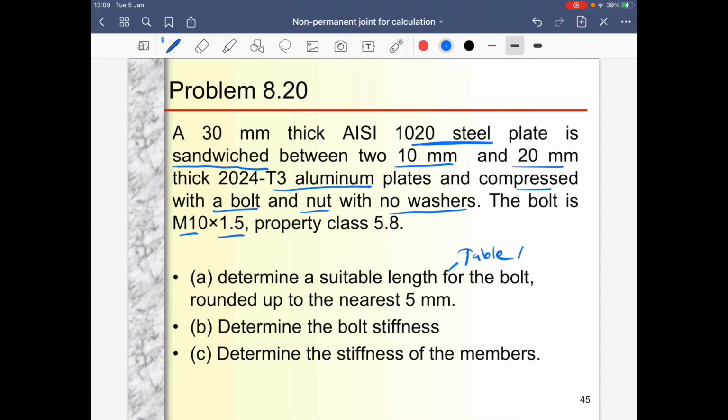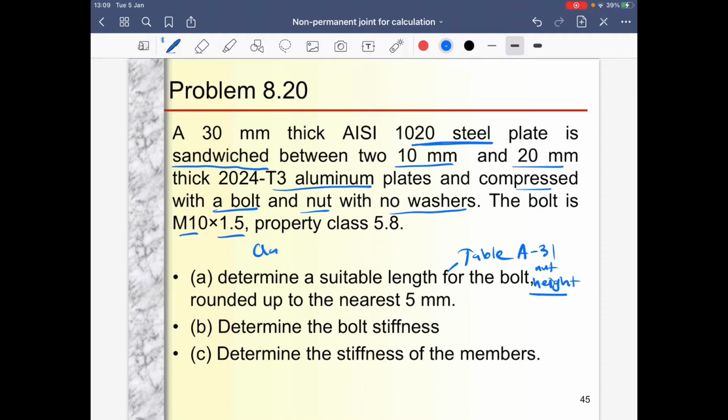table A31, and then you may see the nut height and also the clamp members.